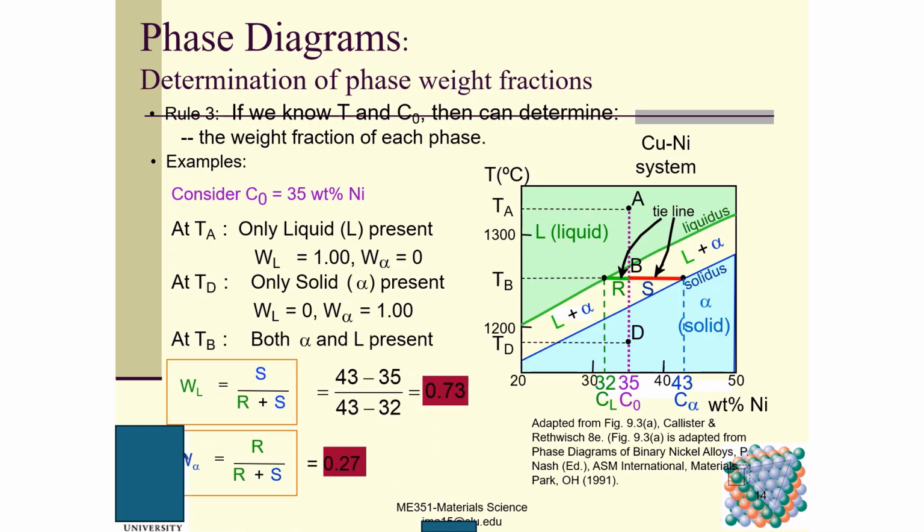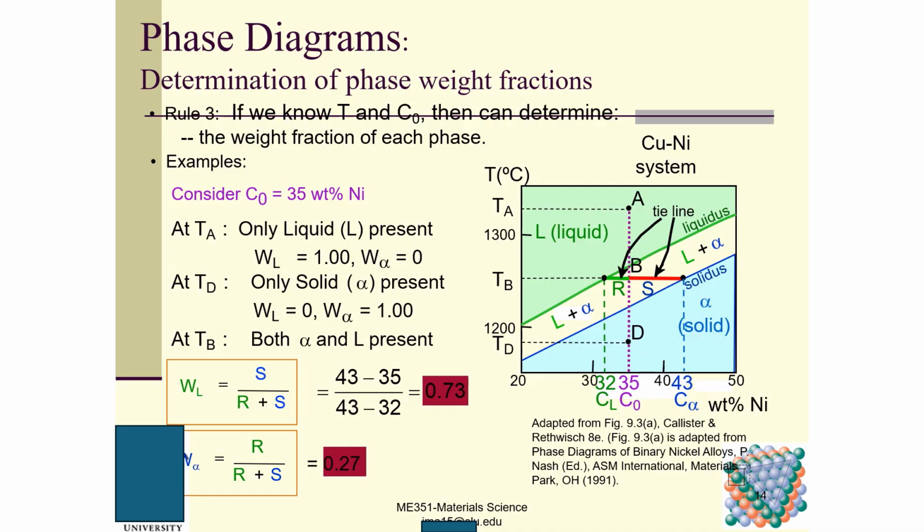At point B here, both alpha and L are present, and how can we calculate the weight percentage? You should know this equation. W_L and W alpha have the same denominator and different numerators.